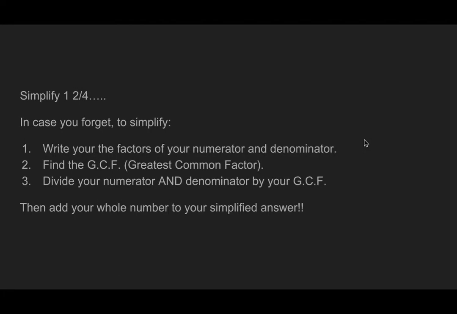If you forget what the GCF is, that stands for greatest common factor, or the biggest factor they have that is the same. Finally, divide your numerator and your denominator by your GCF. Always remember, way back when we did equivalent fractions, what you do to the top, you also have to do to the bottom. Then add your whole number to your simplified answer, and finally we're done.